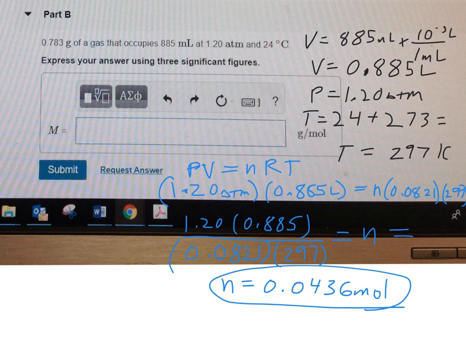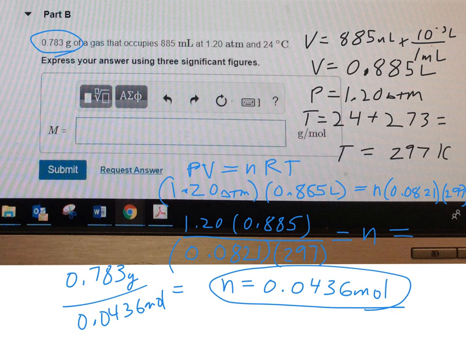So there's our number of moles. Now we're wanting molar mass, and we know that that number of moles is related to that many grams. So 0.783 grams divided by 0.0436 moles. And this is going to be a pretty big gas here. Oh, no, it's not.